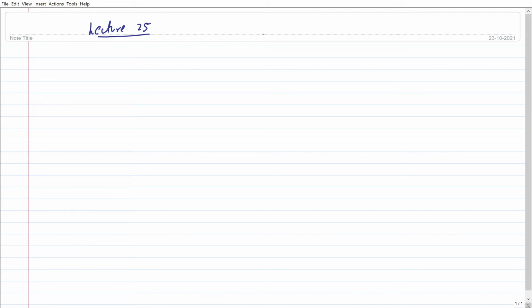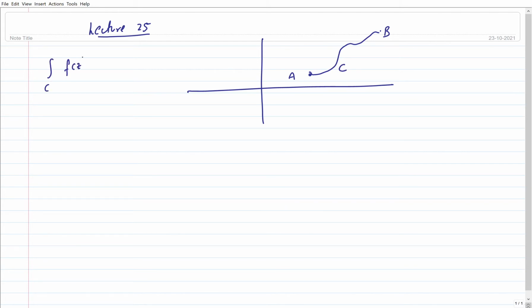So let's say I have a point A, point B, and I have some path C, and I want to evaluate the integral of f(z) dz. We parameterize the path in terms of some variable.